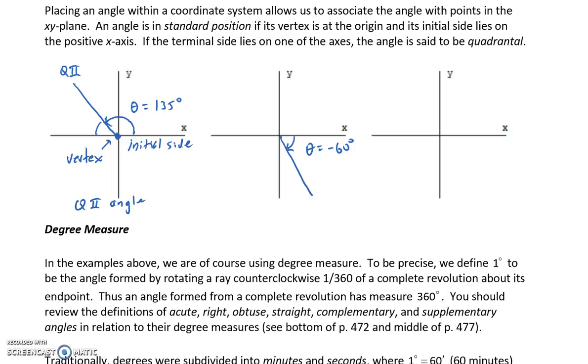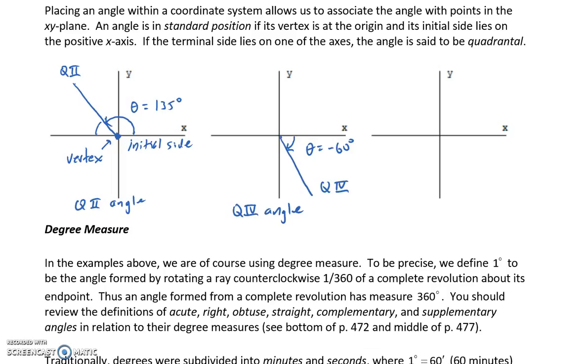Notice the terminal side of the angle ends up in quadrant 4 in the xy plane, so we'd call this a quadrant 4 angle. So notice that with the clockwise rotation of the angle, we give the angle a negative degree measure.